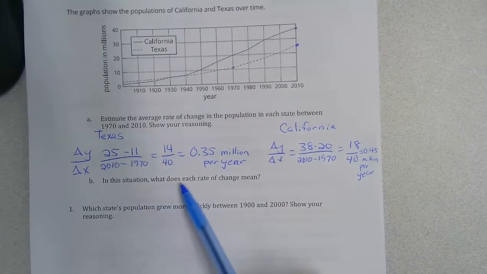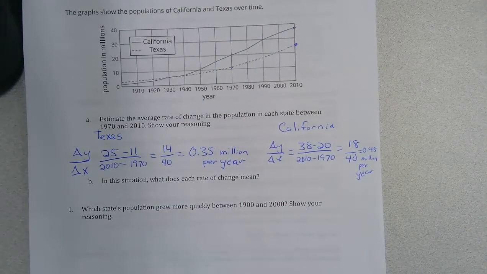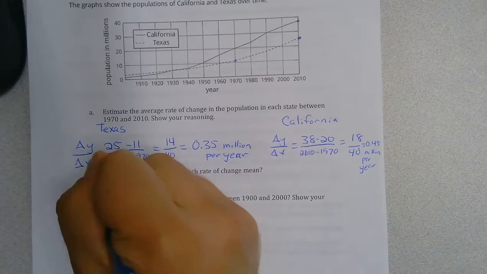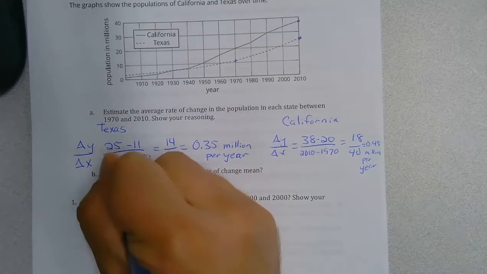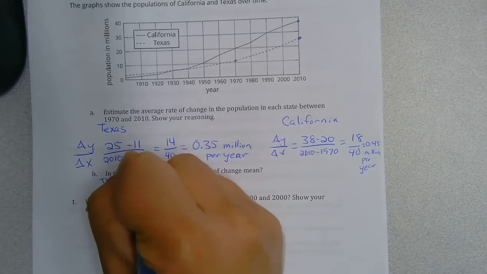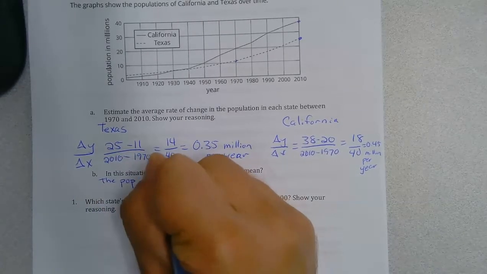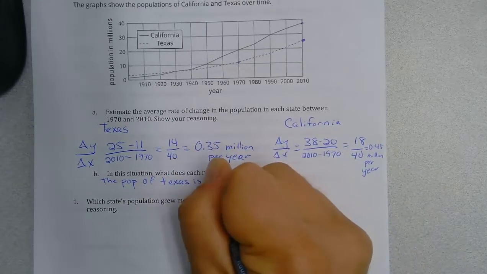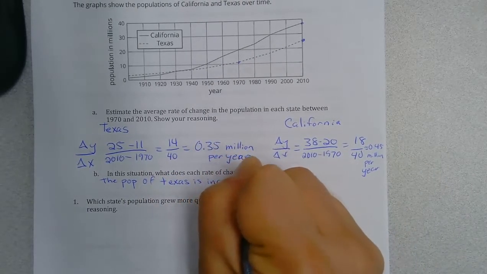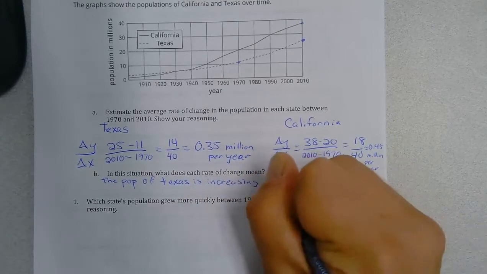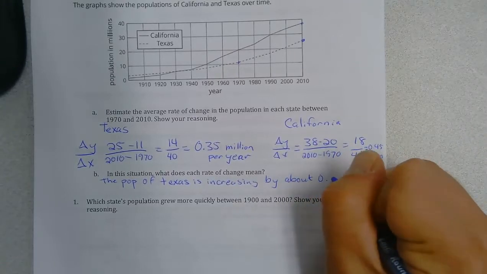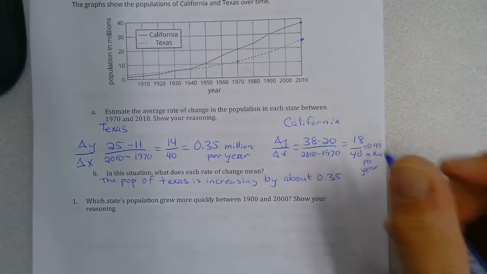So in this situation, what does each rate of change mean? So here, Texas is increasing by 0.35 million people per year. So we can say the population of Texas is increasing by, and then we would say about 0.35 million people per year.